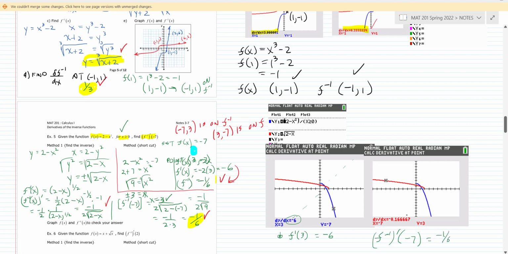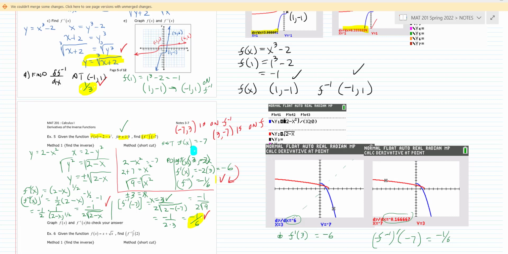And that's what this decimal is showing, the same thing as -1/6. So it's good to go through and look at these graphs if you need to. I think it gives a really nice connection to learning this material, personally.